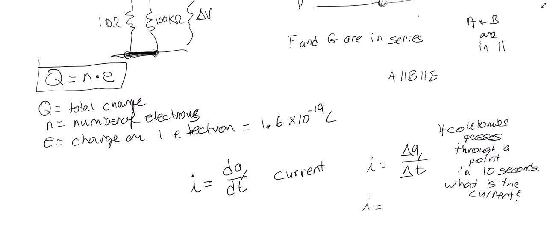That's just going to be 4 coulombs over 10 seconds. And a coulomb per second is an amp. So the unit for current is amp.